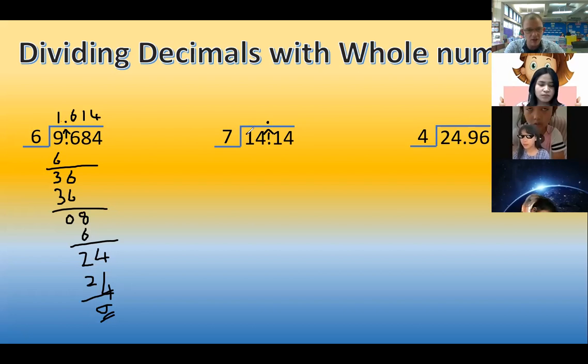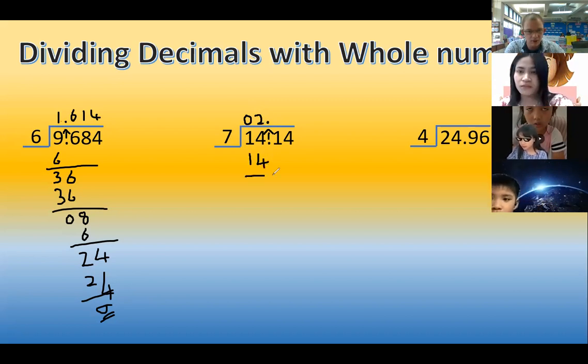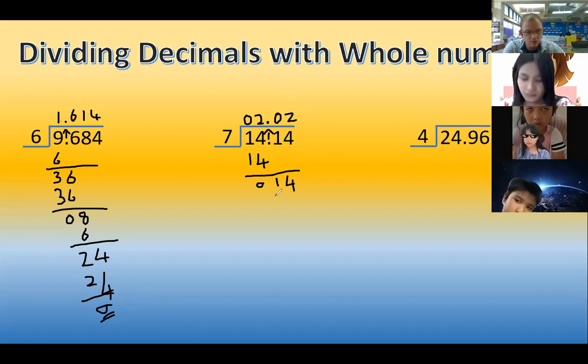And then 7 goes into 1, how many times? 0. 7 goes into 14, 2 times. 2 times 7 equals 14. 0, bring down the 1. 7 goes into 1, cannot, so it's a 0. 7 goes into 14, 2 times. 2 times 7 equals 14, and we end with a 0. And we get our marks.